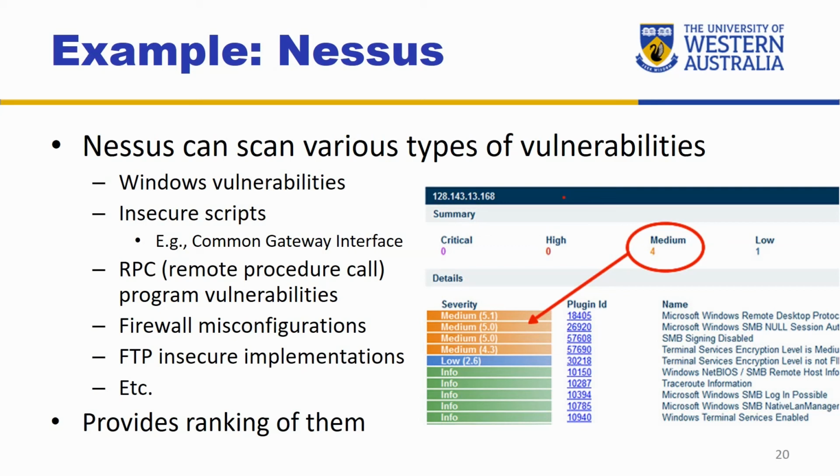Okay, and further to that, they also provide the rankings. Depending on what kind of impact vulnerabilities cause on the system, scores can be assigned to them. So Nessus also scores those vulnerabilities based on what they do to the system.